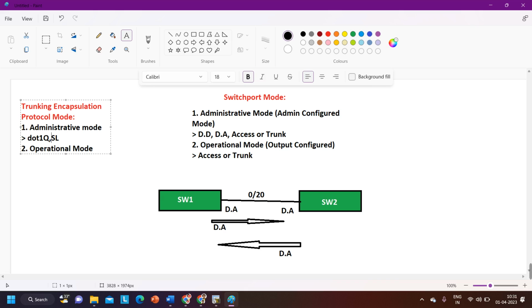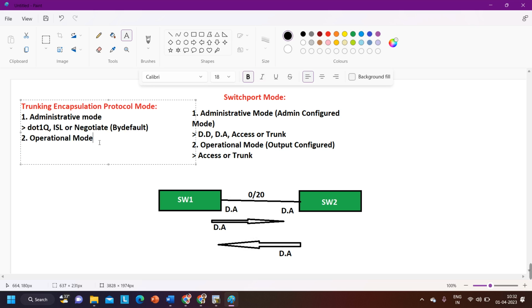Administrative mode can be .1q, can be ISL, or it can be negotiate. And this is the default. Negotiate is your default trunking encapsulation mode. Fine.